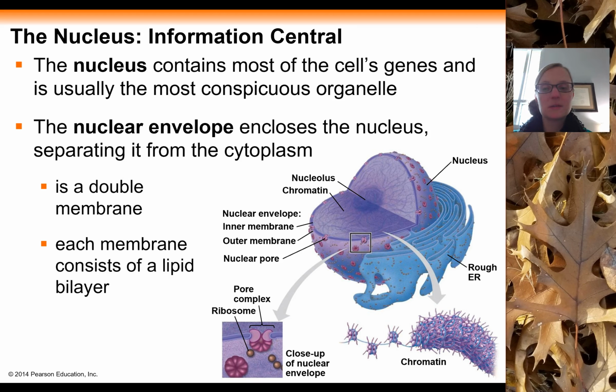And so this double membrane we call the nuclear envelope. You can see that here on the right-hand side of this slide. You see the nucleus there in purple, and it has a nice double membrane there. If we take a look at the blow-up here, you can see the 2 phospholipid bilayers there, one facing inside of the nucleus and the other one facing out towards the cytoplasm of the cell.